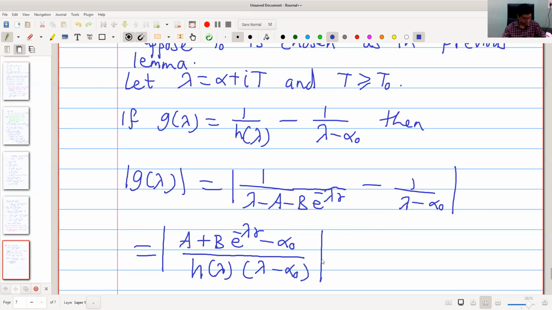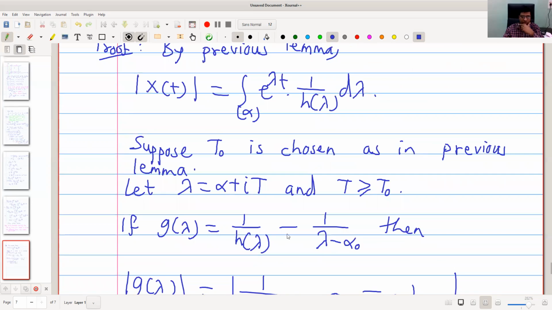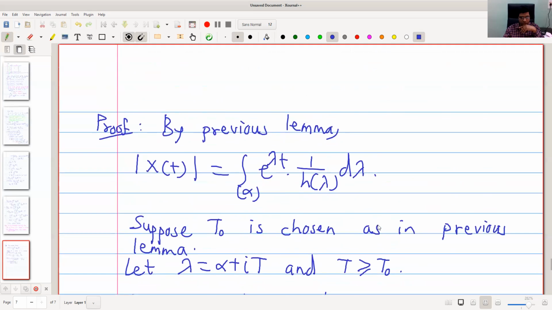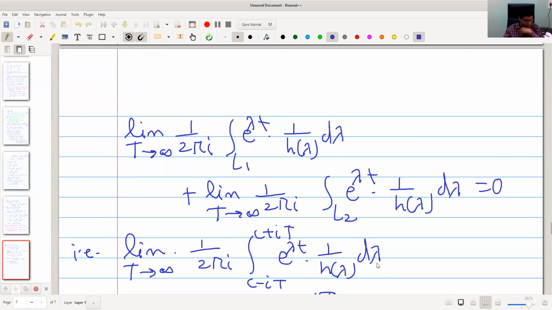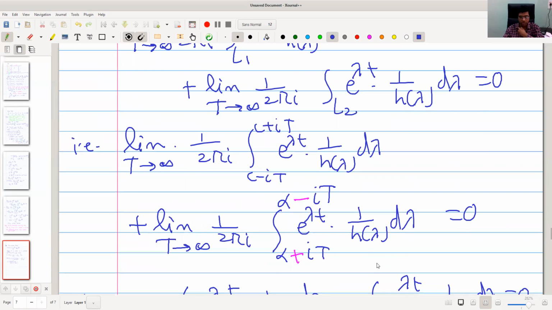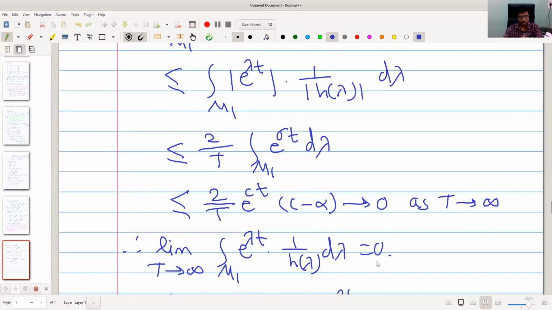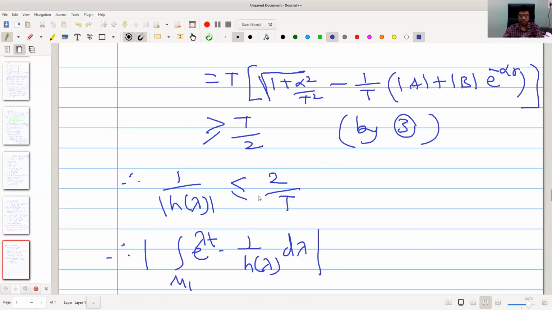Now, 1 upon h of lambda. If capital T is greater than or equal to T0 and lambda is like this, then there is a bound on h. We have seen that 1 upon mod of h of lambda is less than or equal to 2 by t.